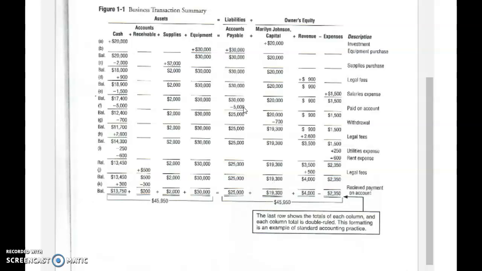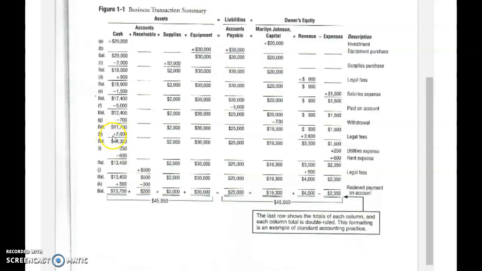And your transaction is still in balance. On withdrawal, looks like the owner took $700 out of the business for personal use. So you subtract from capital because she is taking it out for her personal use, and that will reduce her capital. You're also reducing cash, and then you have a balance after this transaction.